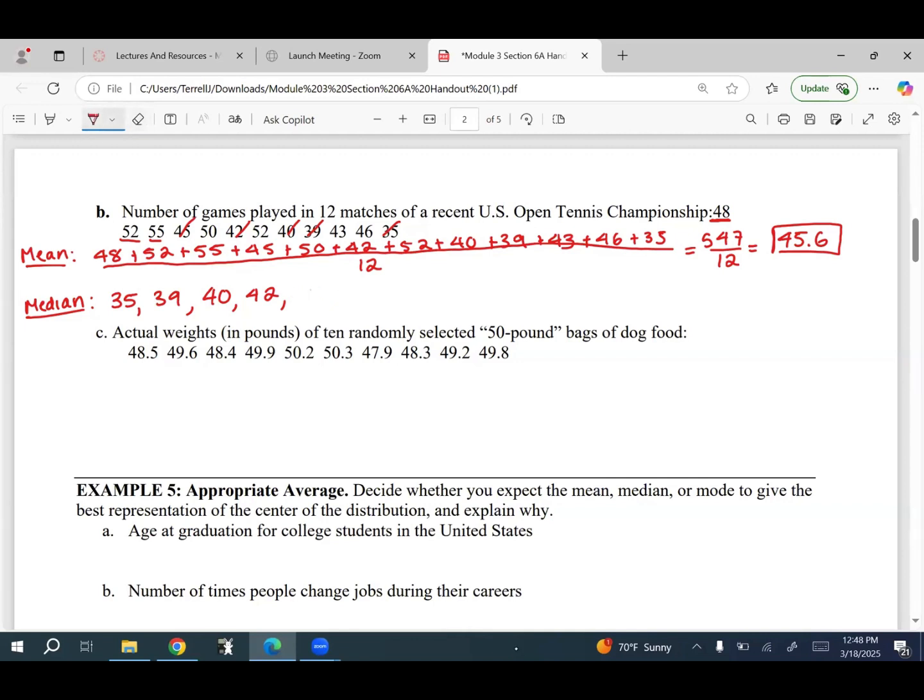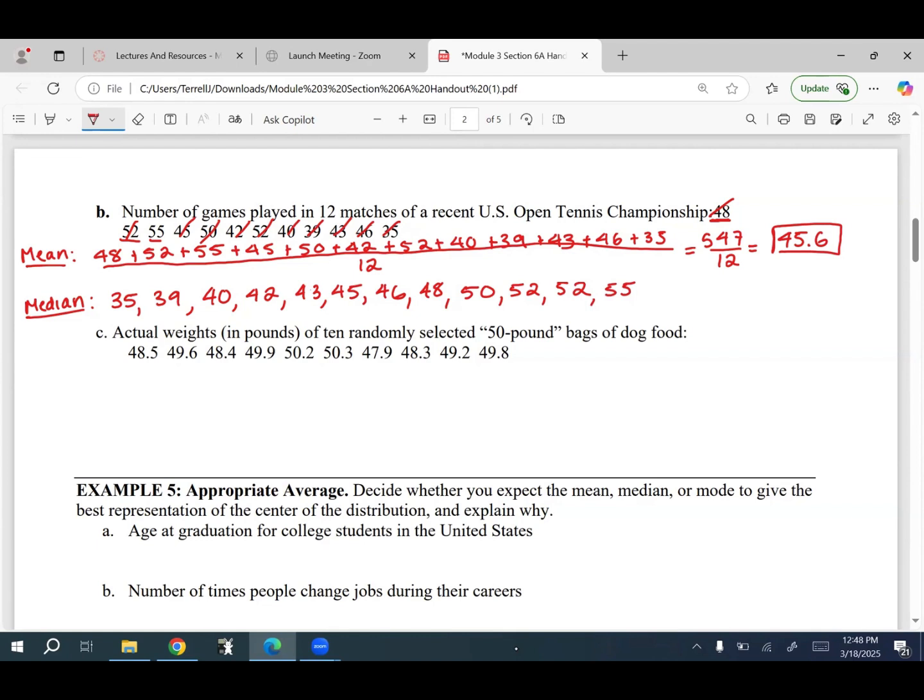After 42 was 43, then 45, then 46. Don't forget this 48 here, 50, 52, 52, there's two of those, followed by 55.